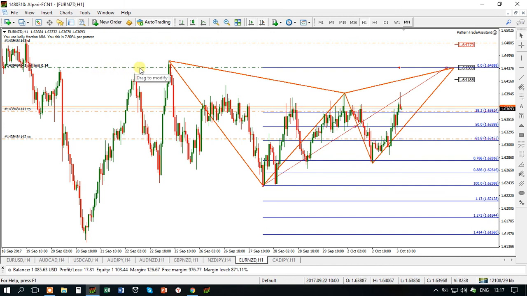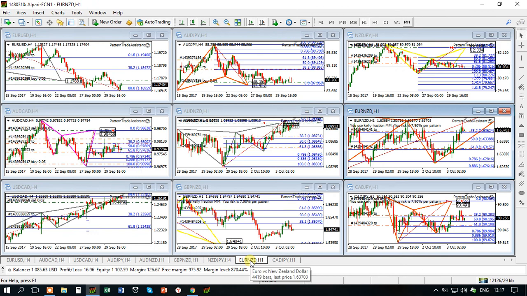This means that I have 3.8, 3.7 per trade, almost 4% per trade, and almost 8% per total pattern. Because my strategy is good, risk reward is good, and the accuracy is good, I can risk whatever without being afraid of losing more than 30% in the worst case scenario.